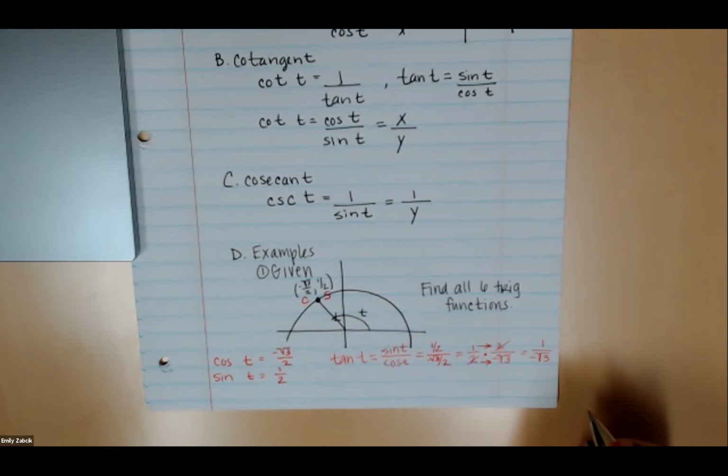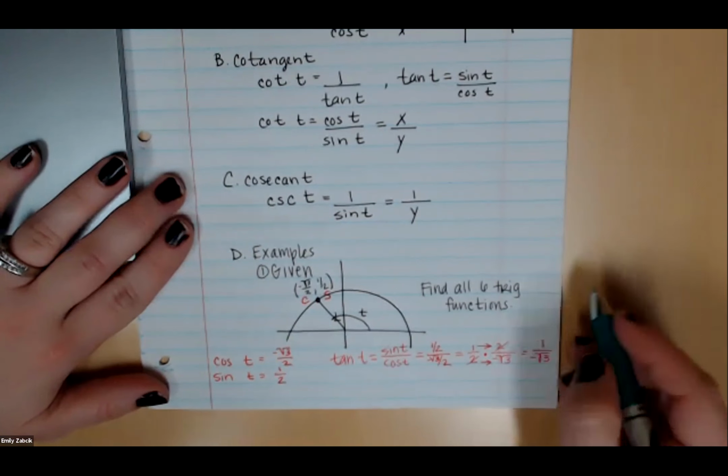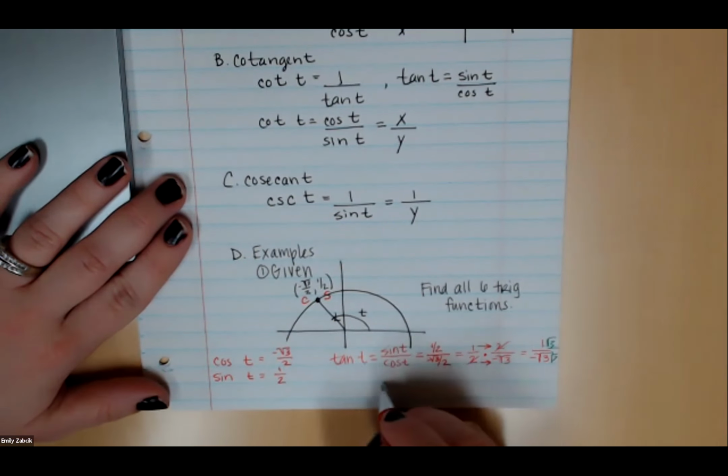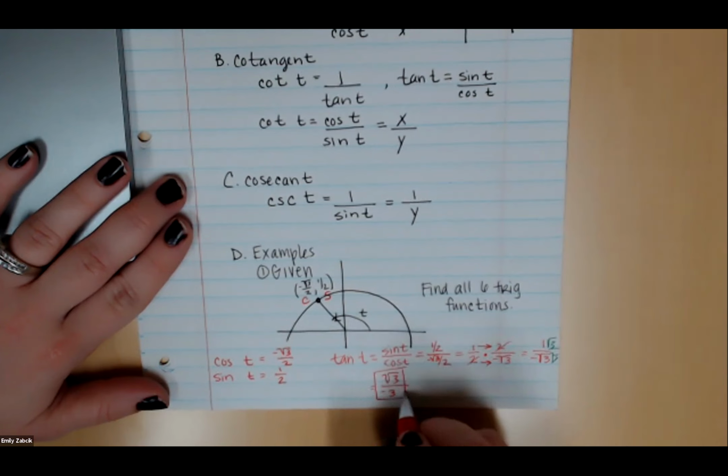Now, not only did you have to remember how to divide and multiply fractions, you also need to remember your radicals. We don't ever leave the radical in the bottom, so we have to rationalize the radical. When I rationalize the radical, I multiply both the top and bottom by the square root of 3. And so my final answer would be square root of 3 over negative 3.